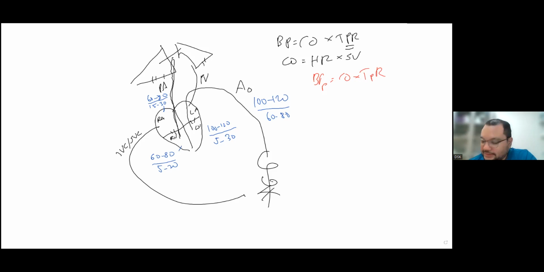Okay, now let's see. Kalau we put a hole here, you remember things move, fluid or anything, it moves from higher pressure to lower pressure.